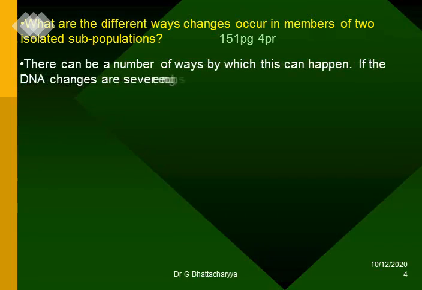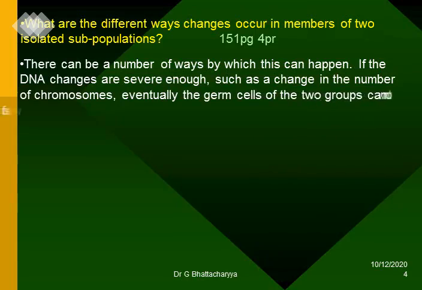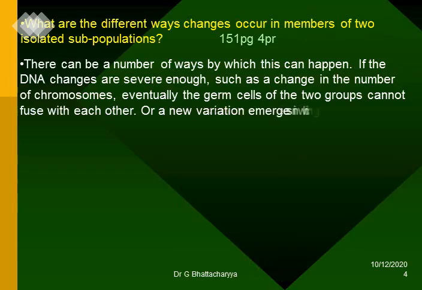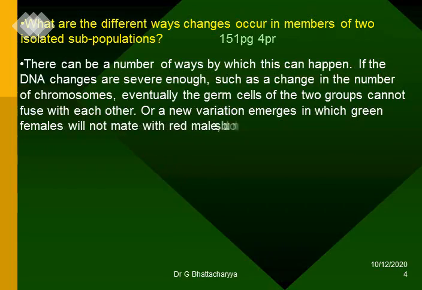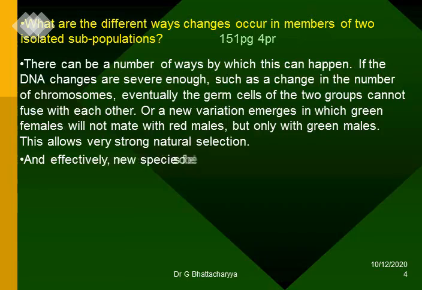If the DNA changes are severe enough, such as a change in the number of chromosomes, eventually the germ cells of the two groups cannot fuse with each other, or a new variation emerges in which green females will not mate with red males but only with green males. This allows very strong natural selection, and effectively new species of beetles are being generated.